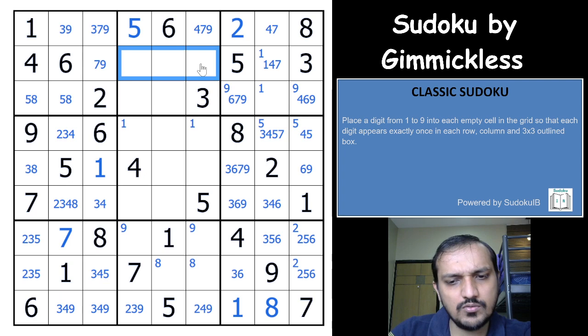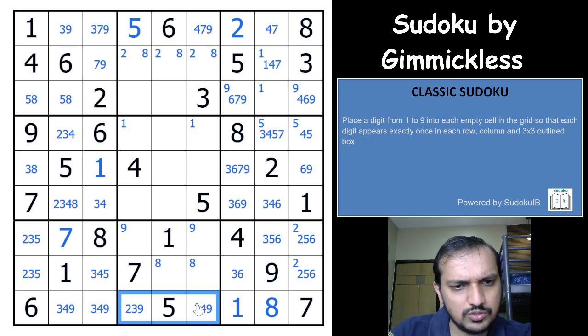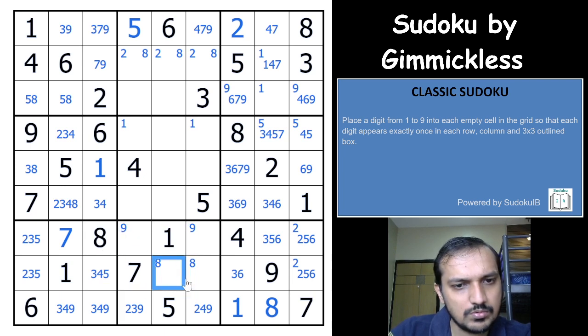So you have 8 in one of these two cells, 2 in one of these two cells, right? These 3 cells. You have 1 here, 2 in one of these two cells. Then comes the 3. 3 can be in many places, right? 4 you can have here, 5, 6.